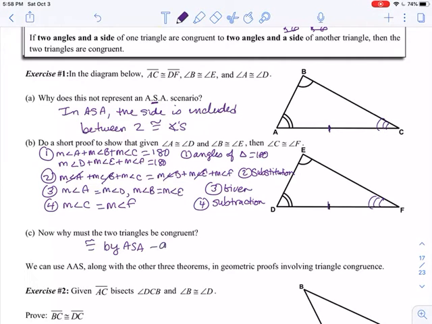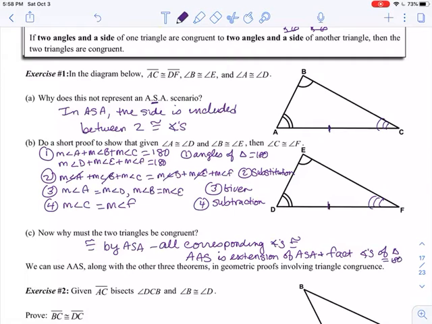Since all pairs of corresponding angles are congruent to each other, angle-angle-side is just an extension of angle-side-angle, and the fact that the angles of a triangle equal 180.